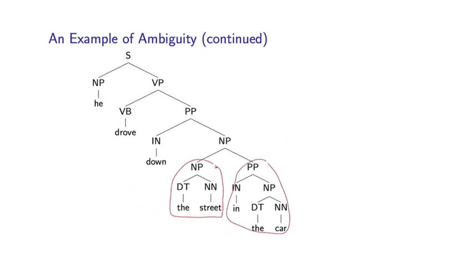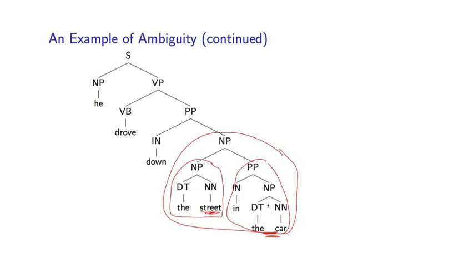And so there is a possible, although highly implausible interpretation, where the street that I'm driving down is actually located in the car. So I have a street in the car. You could imagine some crazy world where that could happen. And that's what this attachment corresponds to. This is where the prepositional phrase in the car modifies street, and so we have a street in the car.